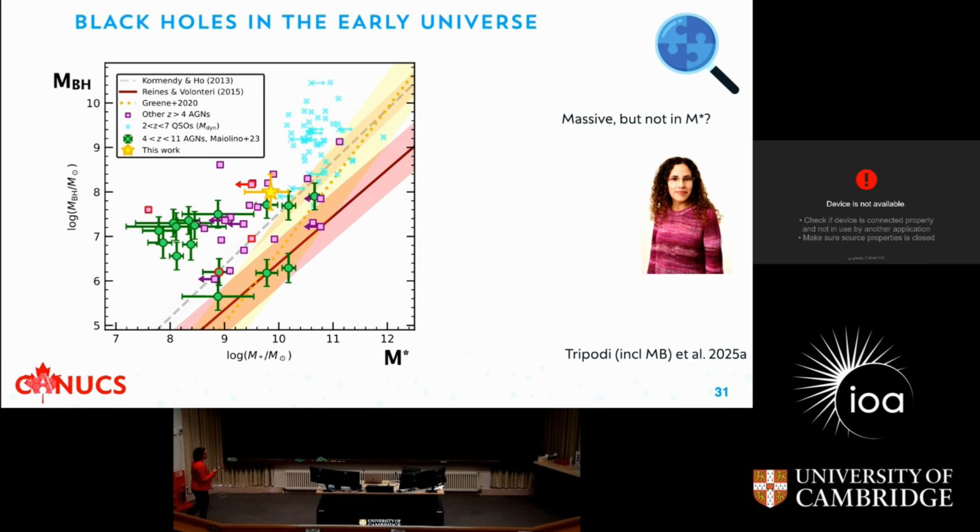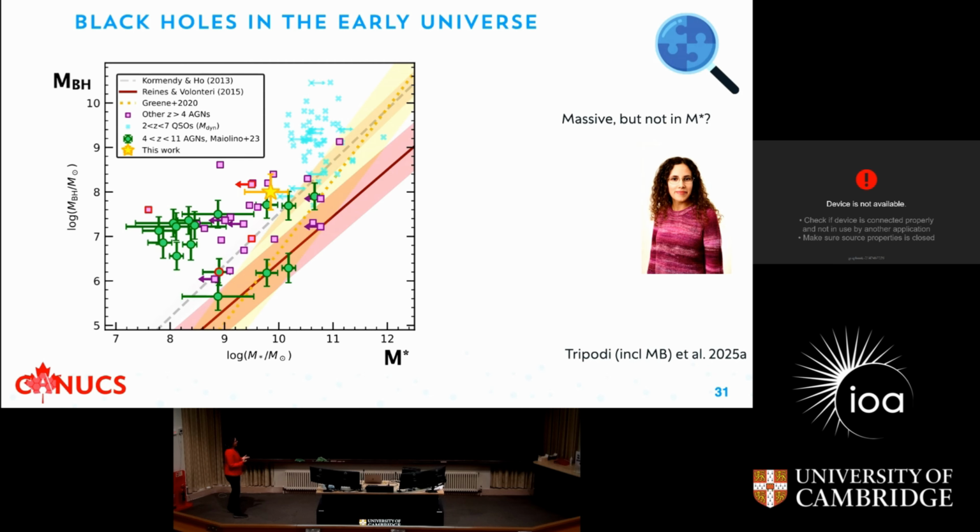Once again, the stellar masses could be overestimated, because what we usually do is we take all the light that comes from that object, assign it an SED fit and measure the stellar mass. We try to model the AGN contribution, but we don't know how strong that is. So depending on what you assume about the underlying AGN, your stellar mass can go down even by an order of magnitude.